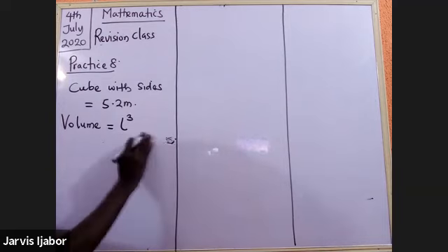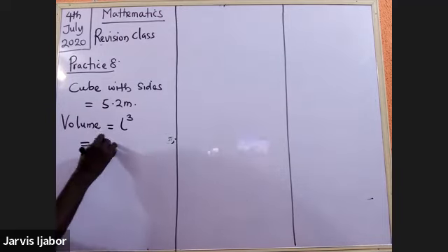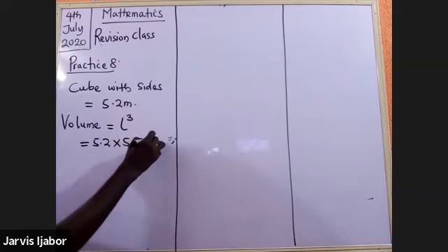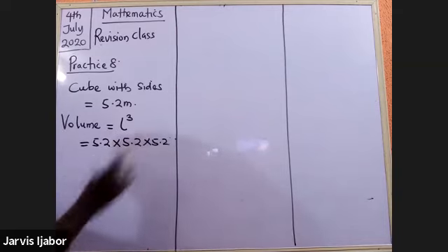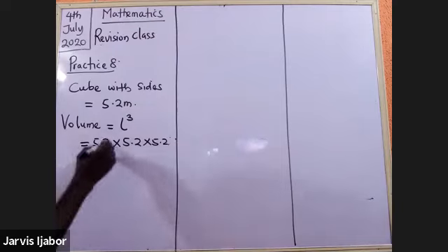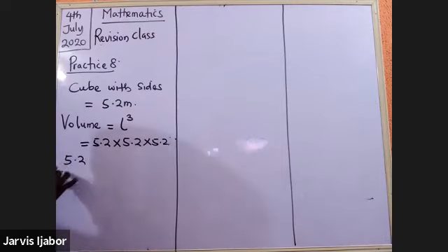So how do you do that? Let's multiply that. You do this one first. When you get the answer, then use that answer to do 5.2. So let everybody try that now. Let's try that quickly now.